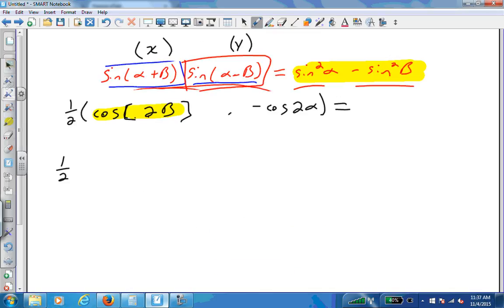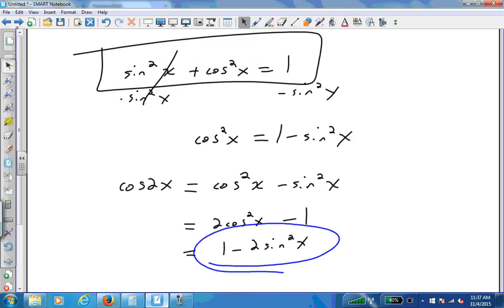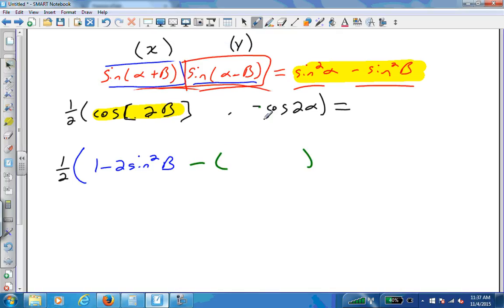So let's change the first one to 1 minus 2 sine squared. Instead of 2 beta, it's 1 beta. Instead of 2x becomes 1x. Minus, notice this minus applies to all of that. So minus, if we change that to 1 minus 2 sine squared, it's 1 minus 2 sine squared alpha.